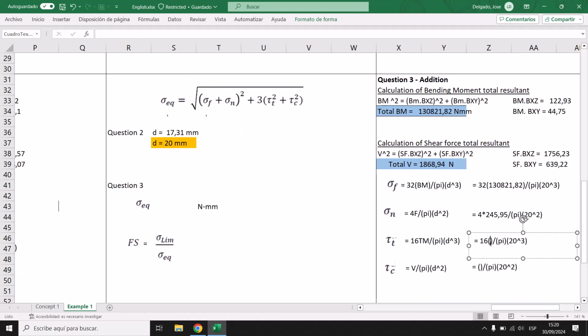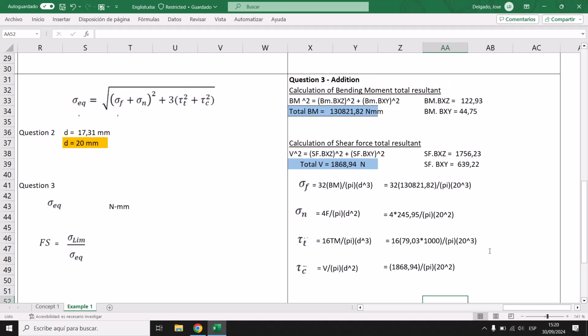Our new torque moment is also the same, but you should put it in millimeters, and this is our new value, 68.34. So just calculate this yourself.